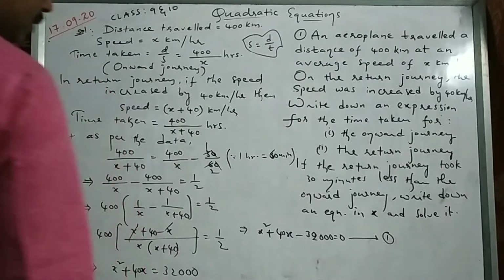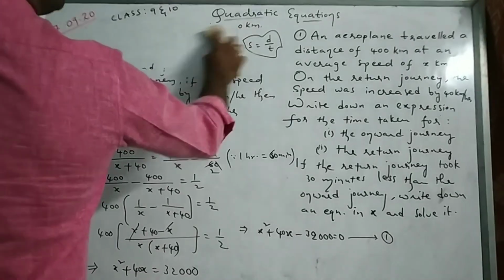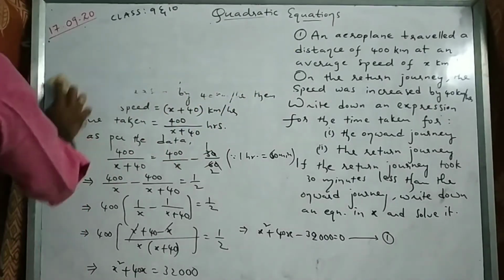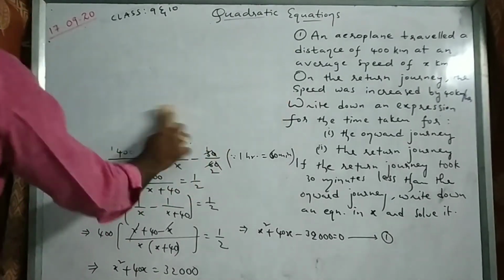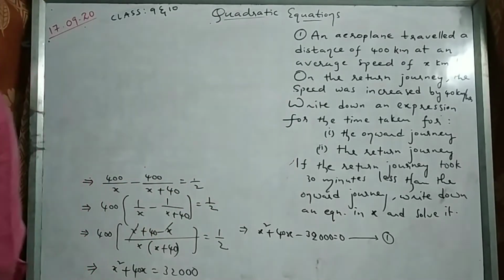Using the quadratic formula. What is our quadratic formula? x equal to minus b plus or minus square root of b square minus 4ac by 2a. I will solve that.